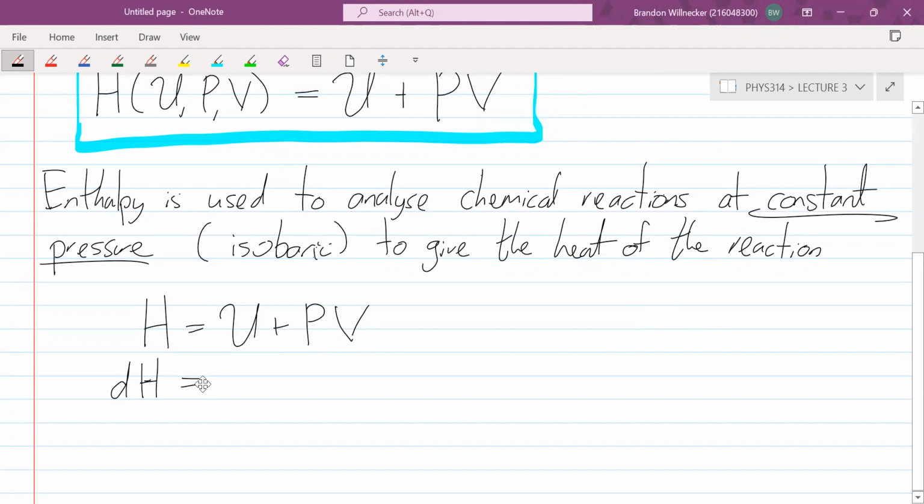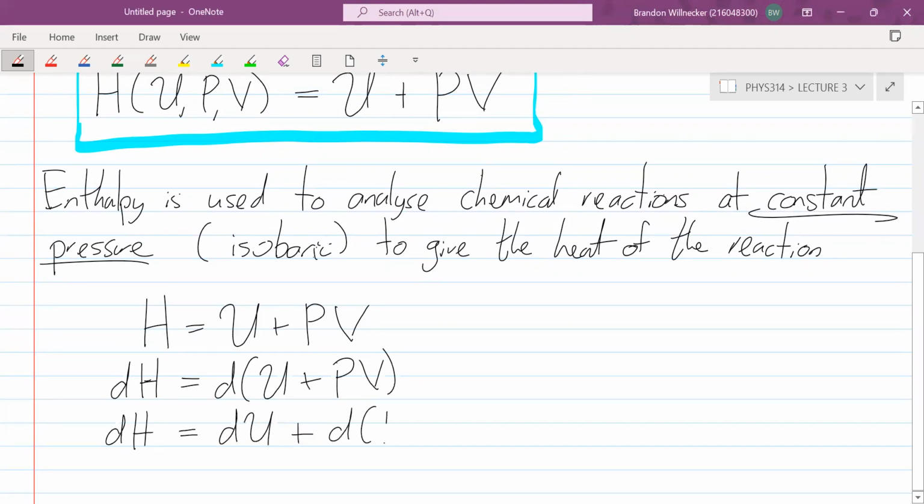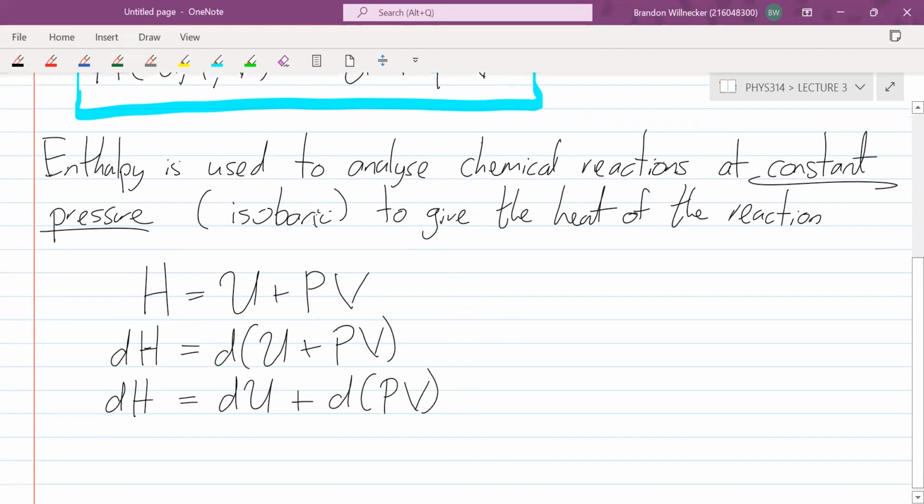Okay, so H is a function of several variables. We know how to do this from Math 212, but let's go over it again. This is going to be the differential of U plus PV. So dH will be dU plus the differential of PV.